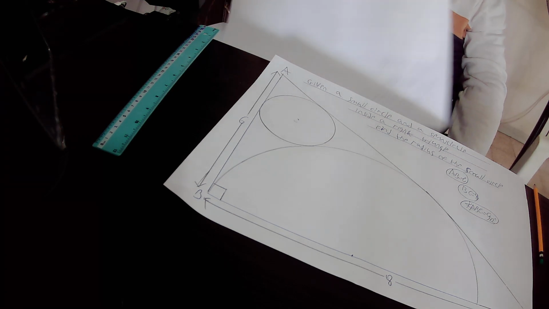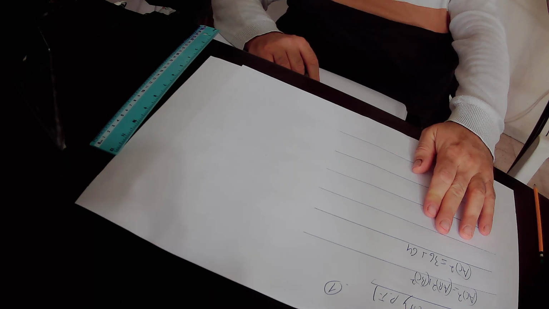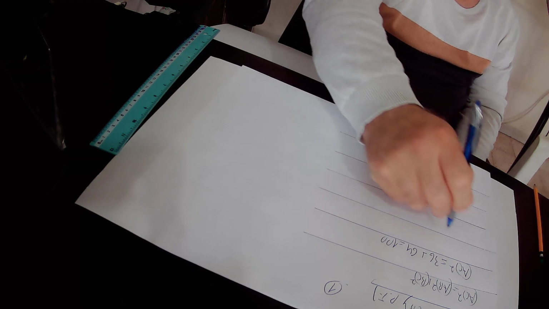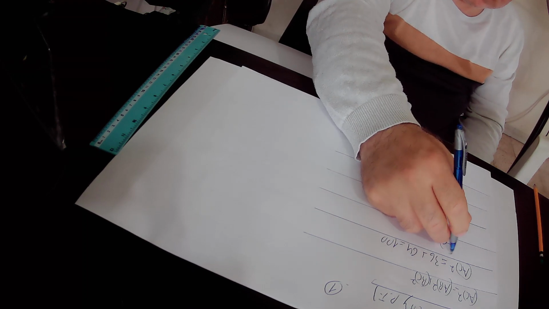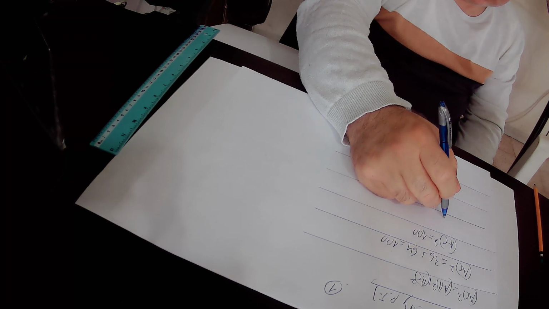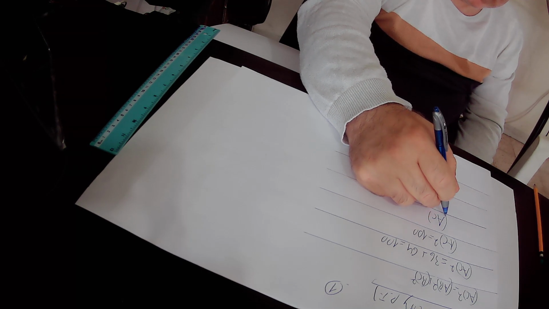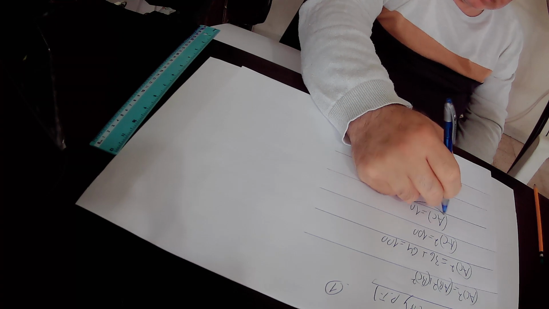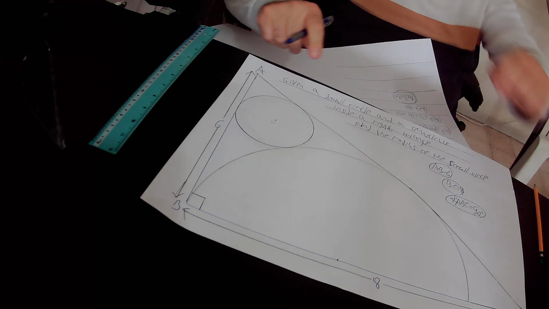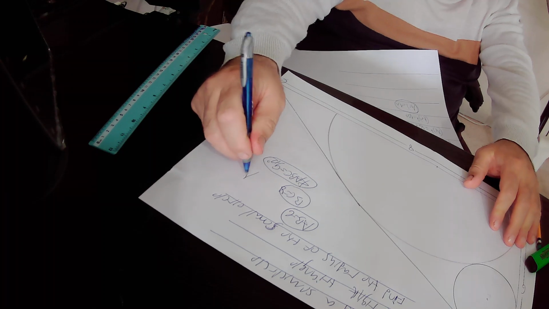So in total AC square equals 36 plus 64, which equals 100. So AC square equals 100. We take the root of this equation and get that the hypotenuse AC is equal to the square root of 100, that is 10. The hypotenuse AC equals 10 units in length. So I already know AC equals 10.